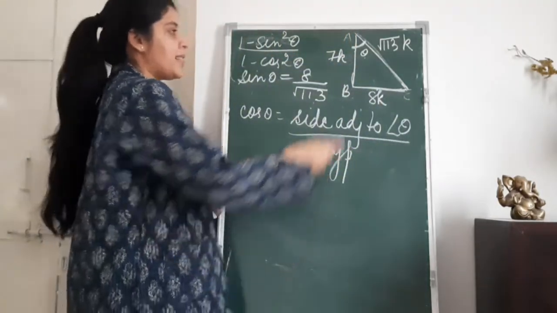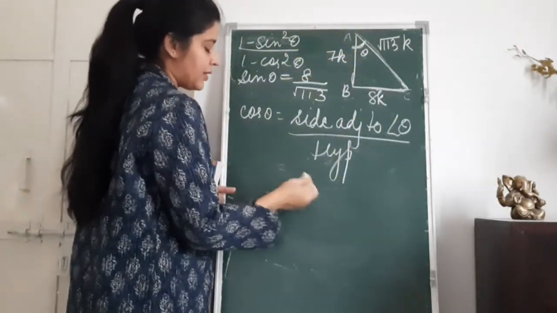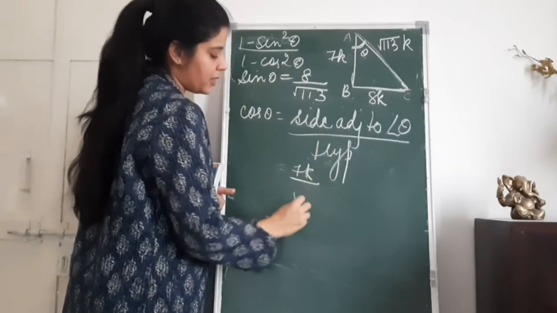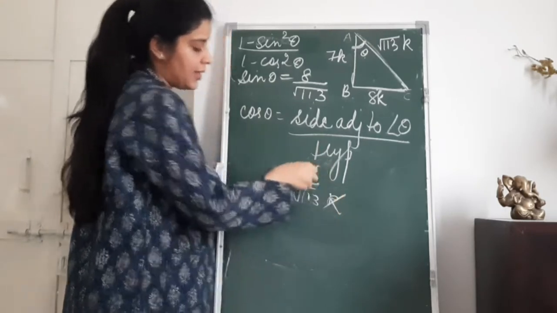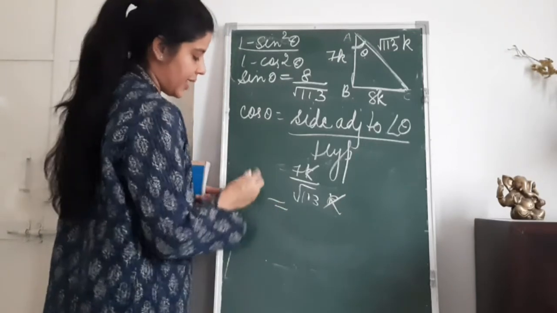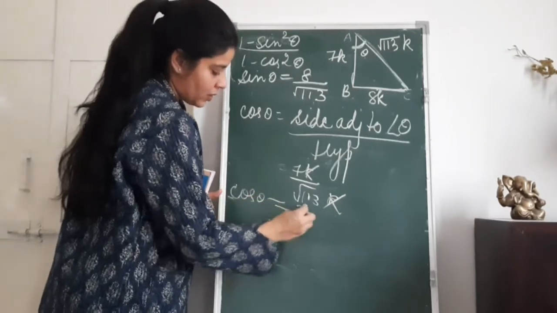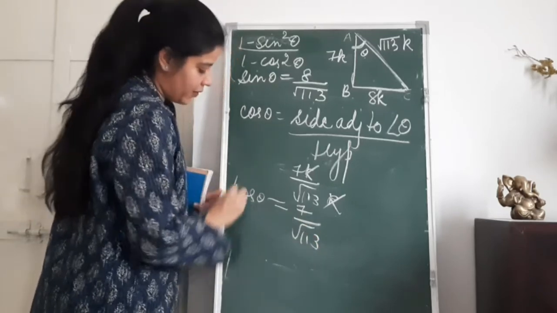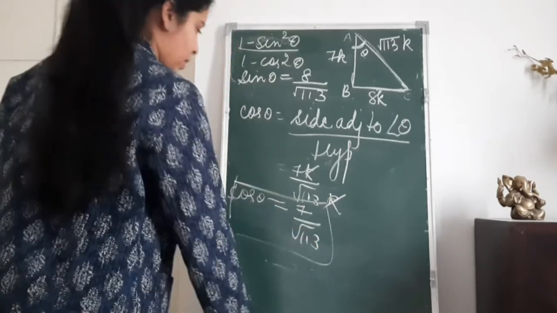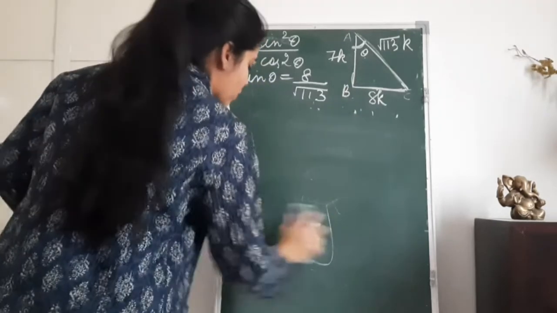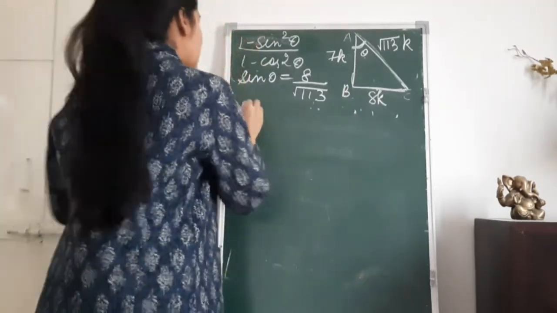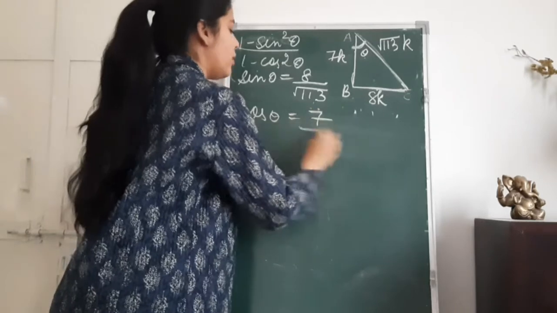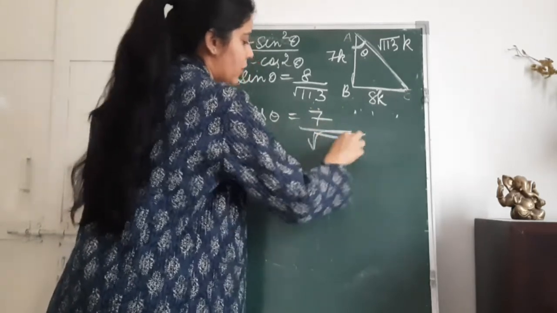Side adjacent to angle theta upon hypotenuse, right? Which side is adjacent to angle theta? 7k, and hypotenuse is root of 113k. This and this will get cancelled and I get cos theta as 7 upon root 113, right? So cos theta is equal to 7 upon root of 113.